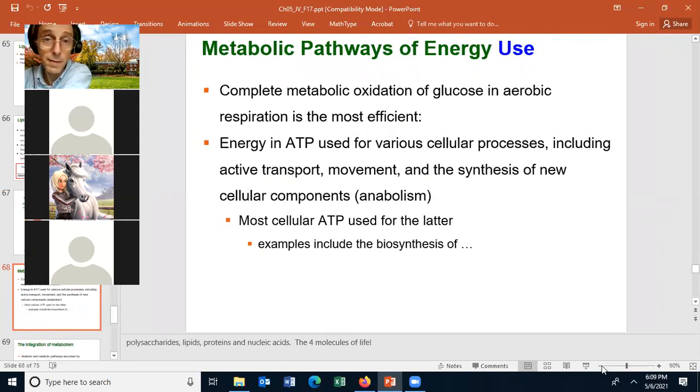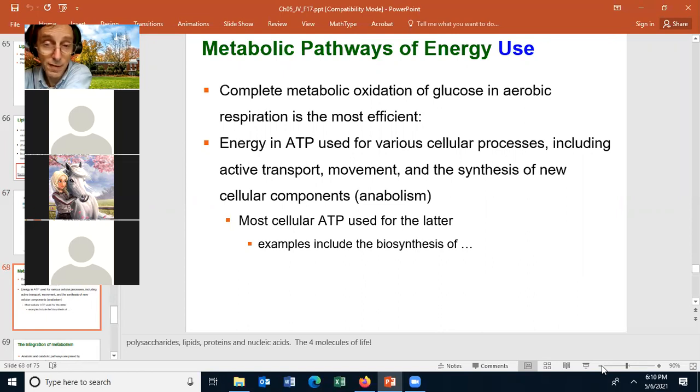The point is, with metabolic pathways, for using energy, the oxidation of molecules, including glucose in aerobic respiration, is the most efficient, and then it uses glucose to make ATP. And then most cellular ATP is used later by the cell for its energy needs.